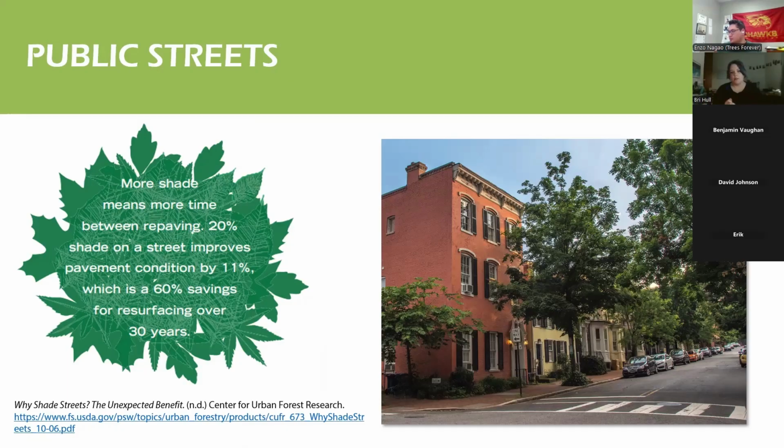And then the leaves keep rain from hitting the pavement directly, so it directly impacts erosion on those streets. You'll see a bit less crumbling and more time between needing to fix those spaces. So it's all about position, and we always say right tree, right place.